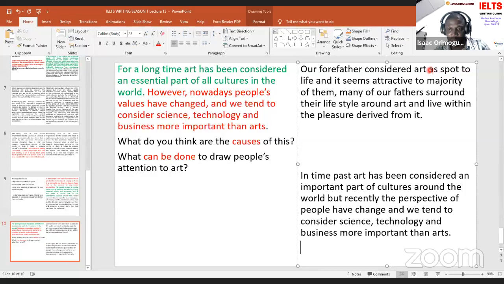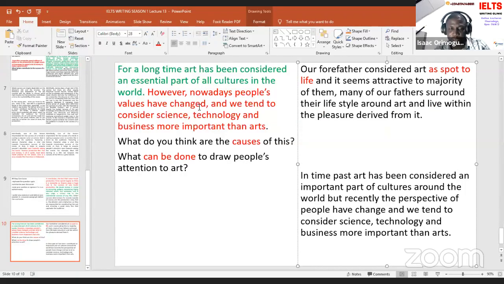What this means, I don't know. That's why I can't really figure it. Maybe there's an expression like that that I'm not well aware of. And it seems attractive to the majority of them. Many of our forefathers surrounded their lifestyle around art and lived within the pleasure.